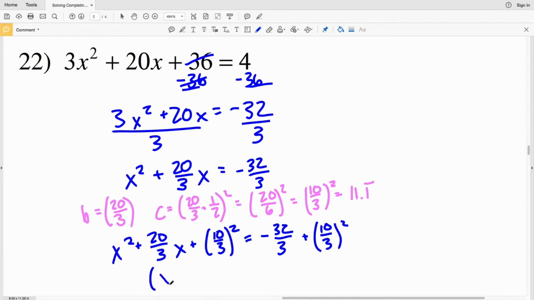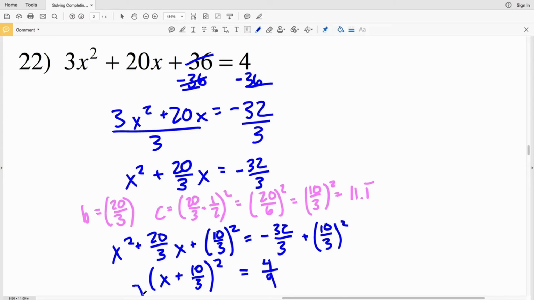So I can rewrite this as x plus 10 thirds squared, since it's in the form of a squared plus 2ab plus b squared, and that will be equal to negative 32 thirds plus 10 thirds squared, which is 0.4444 repeating, which I'll leave in fraction form as 4/9.